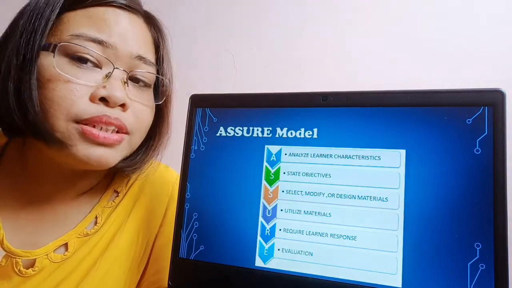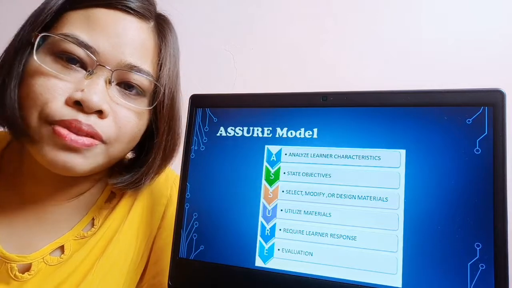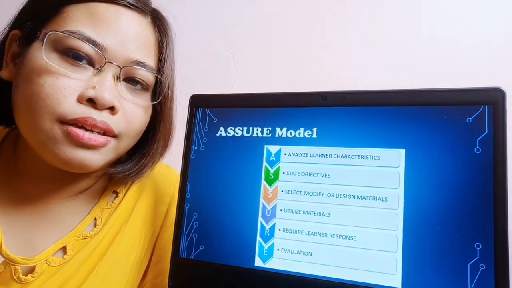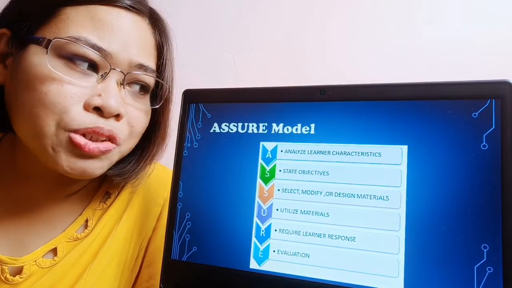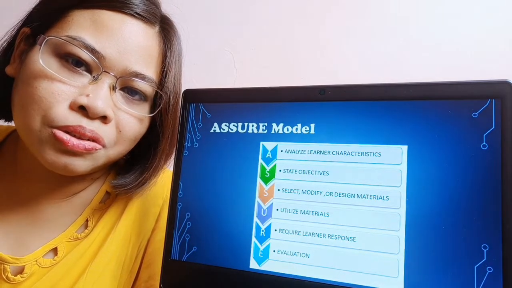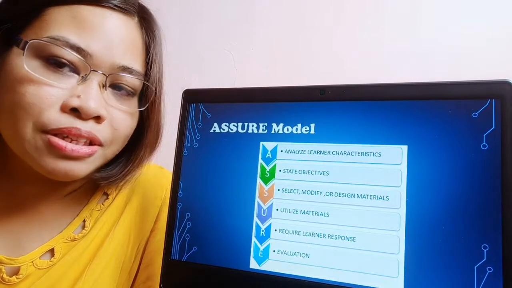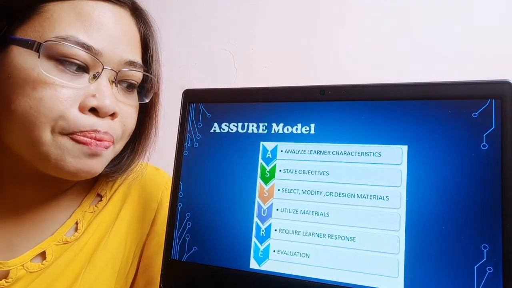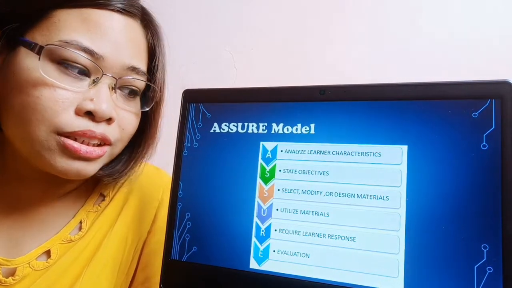In the first phase, we need to know the attributes of our learners, their characteristics or interest. The next step is to state the objectives so that the students might be able to know what they're going to do as a result of the instruction. Select, modify, or design materials as to the stated objectives. Utilize materials, or the selected materials.